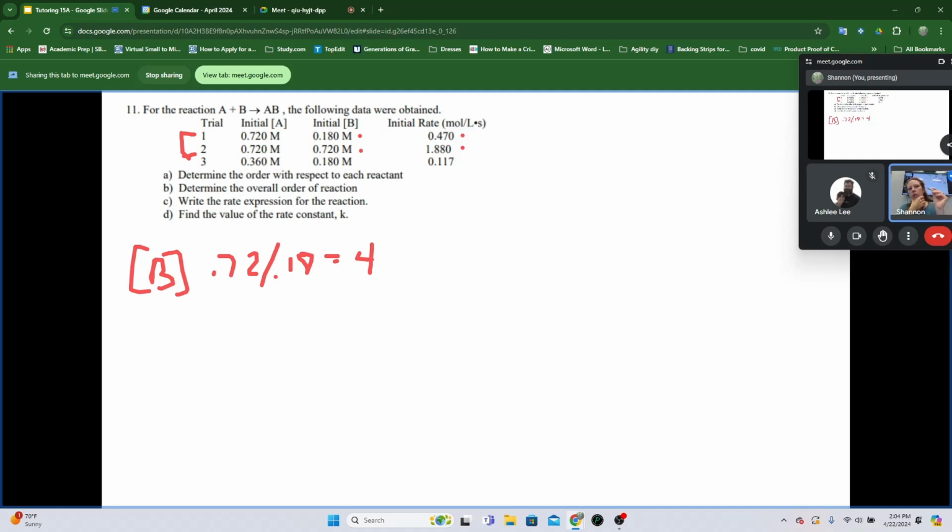I'm going to look at the rates for the same ones. So I have 1.88 divided by 0.47, and that equals 4. That is the factor by which the rate changed. So the concentration quadrupled and the rate quadrupled. Then I'm going to take these and figure out my x. So 4 to the x power equals 4.